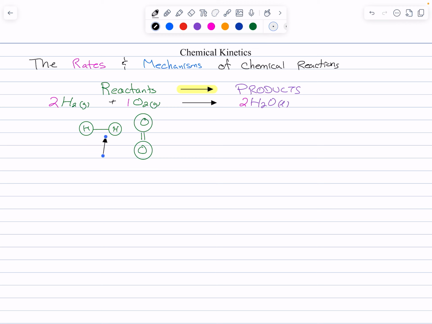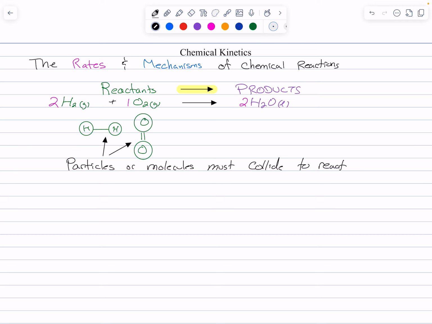So this molecule and this molecule, the particles or molecules, must collide to react. Right, they've got to react, okay?